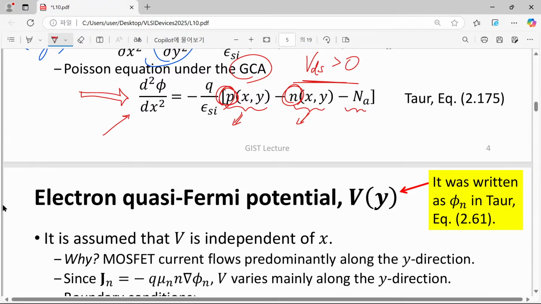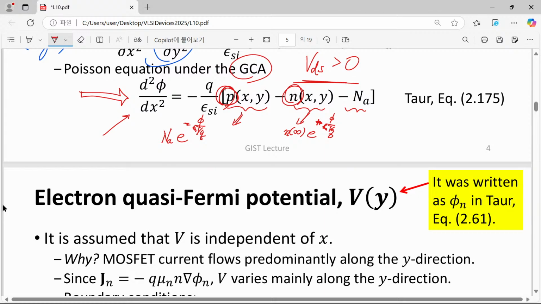Do you remember at the time, if we adopt Professor Tower's notation for our electrostatic potential, then it was related like this: exponential of minus phi over kBT over Q. That was the expression, and also that was a very small number, and exponential of plus phi over kBT over Q. Please note that there is a positive and a negative sign. That was our previous assumption used in our MOS system.